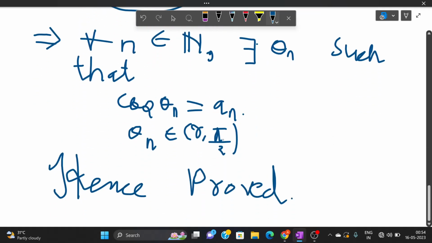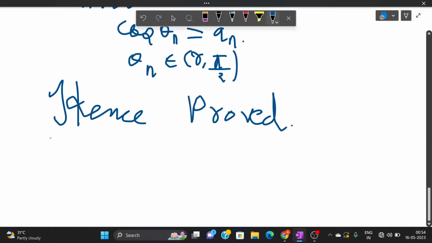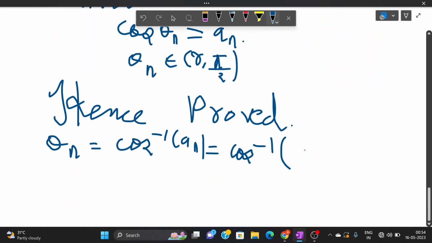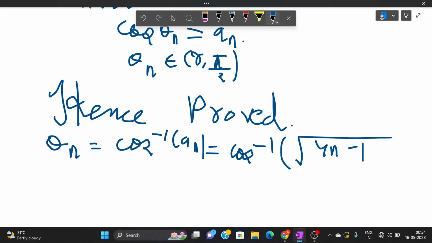This is how we did the first part, and therefore theta n is given by cos inverse a n, which is equal to cos inverse of square root of 4n minus 1 divided by 2 to the power n plus 1. So this completes part A of the second question.